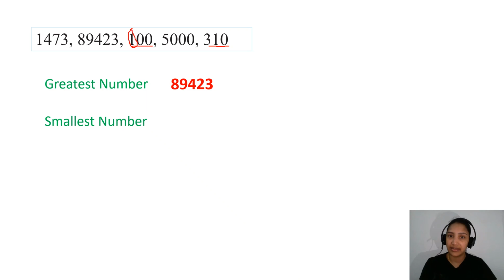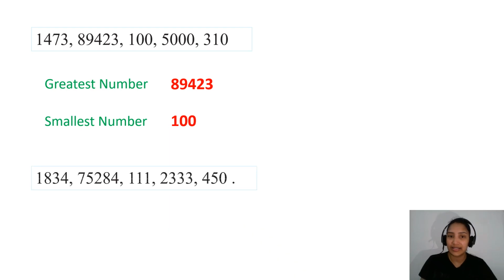Here it is 1, and here 3. So 1 or 3, which is greater? 3 is greater. So 1 is smaller, and the smallest number is 100. So you can write the smallest number, that is 100. Clear? Okay, we are moving to the next question.